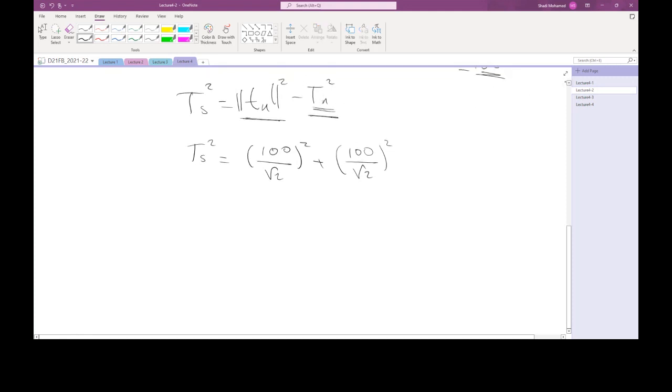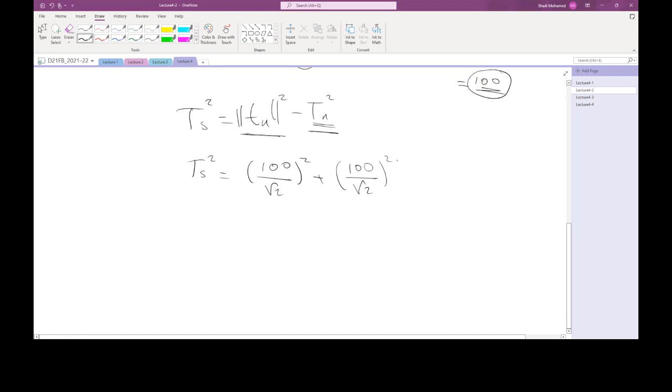You remember the 100 here? This is the 100. So minus 100 squared. Now, square root squared is 100 squared divided by 2, added to 100 squared divided by 2. I'm just taking the square for this guy, but this 100 is the same here, so I'm just going to keep the square on top. So it is half 100 squared added to half 100 squared, subtracted from 100 squared, and this is going to be 0. So Ts squared is basically 0 on this plane.